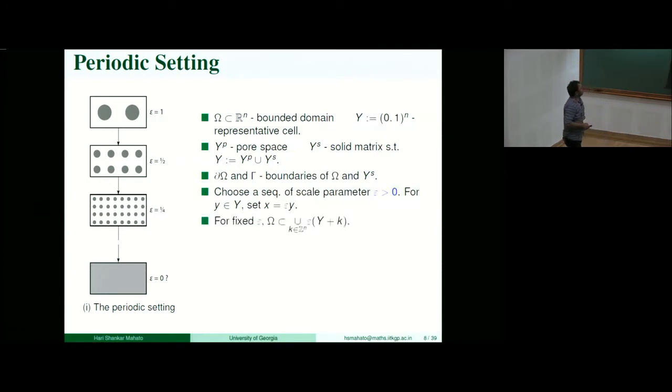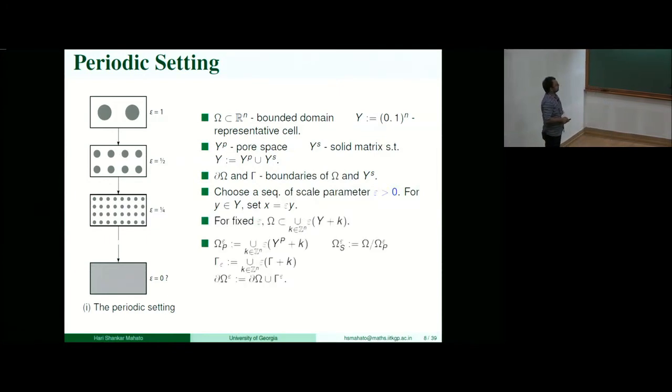All right? So what we are doing is we are basically saying the pore space will be covered by the translated versions of the cell epsilon Y_P, sorry, and the solid parts will be covered by the translated versions of epsilon times Y_S, and whatever remains is the boundary. So this is what the periodic setting would look like.